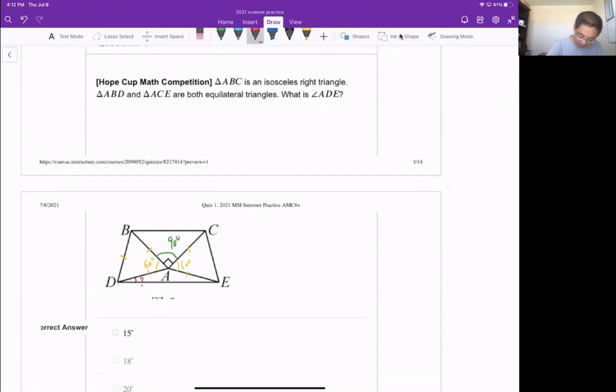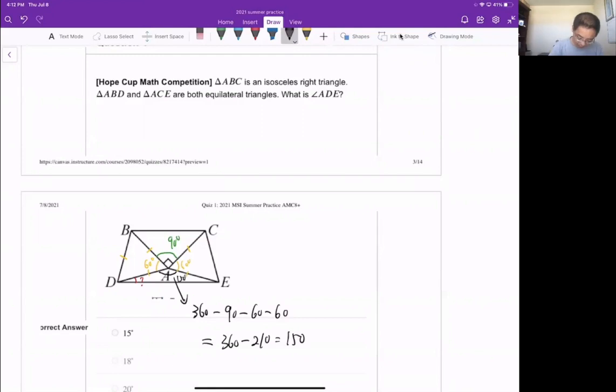Okay, this quickly tells us the angle DAE, right? The total is 360. So we just subtract those numbers. So this is 360 minus 90 minus 60 minus 60. And what we get is 360 minus 210. So that's 150. Okay, so 150 is the angle of DAE.